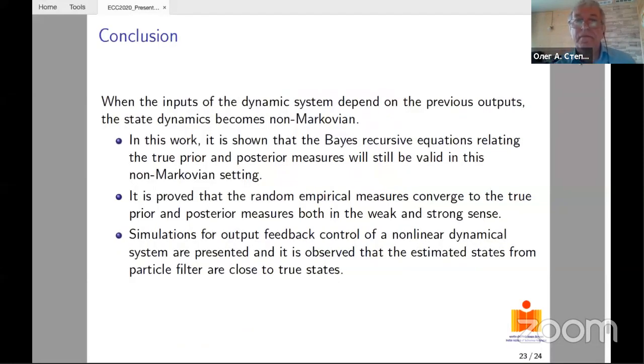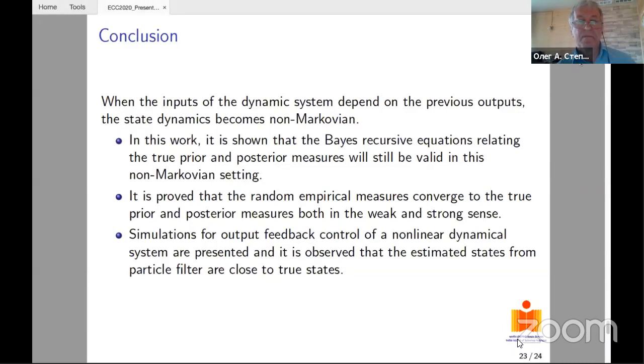So in conclusion, when the inputs of a dynamic system depend on the previous outputs, the state dynamics becomes non-Markovian. In this work, it is shown that the Bayes recursive equations relating the true prior and posterior measures will still be valid in this non-Markovian setting.